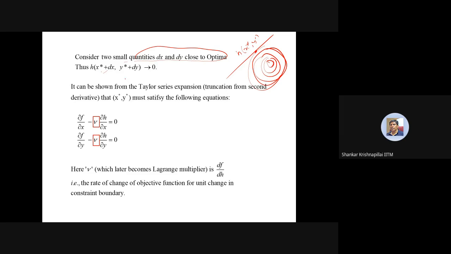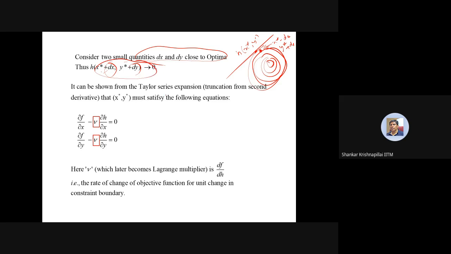We take points close to this h of x star, y star, maybe a point here. This is x star plus dx, y star plus dy. This point is close to this line, so that will also tend to 0.